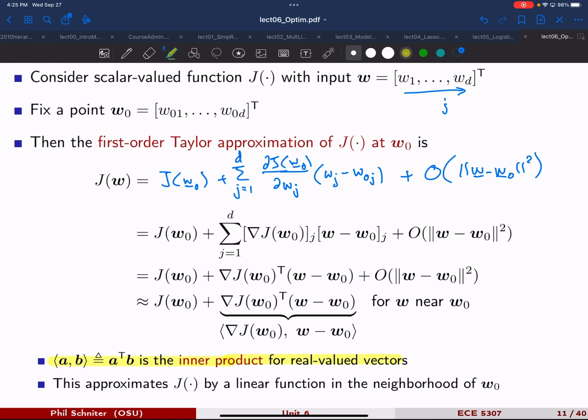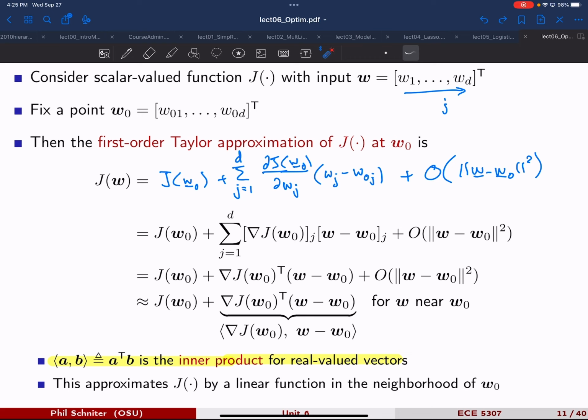So if you have two functions and you want to measure the alignment between two functions, you just have to define the inner product in the function space you're working in. Or if you have two matrices and you want to measure the alignment of two matrices, you just need the matrix inner product. In this case, we have real valued vectors. By vectors, I just mean a one-dimensional list of numbers. And the inner product is nothing more than just A transpose B. The inner product between A and B is A transpose B.